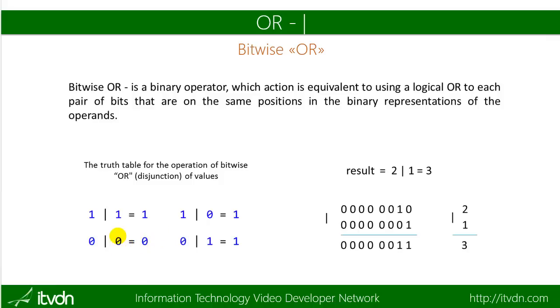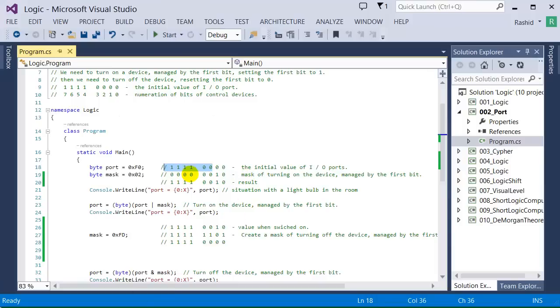Using this, we know that if we have 1 and 0, it's still going to be 1, so we are not going to change anything here. The value of this 1 will not be changed. And we know that we only have one case in which we'll have 0, which means both of them have to be 0. So let's go back to our exercise.